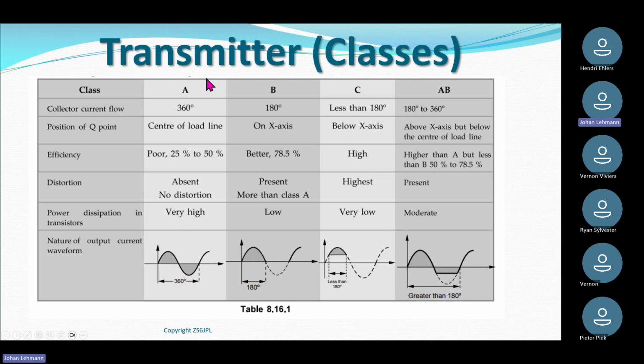And over the years, you get different classes of amplifiers. You get A, B, C, and AB, which is a combination of these two. There's also class E, which is not in your manual, so I'm not going to spend time on that one.